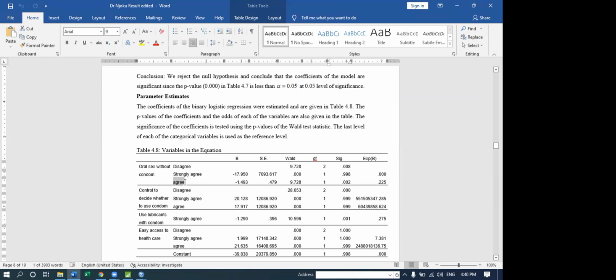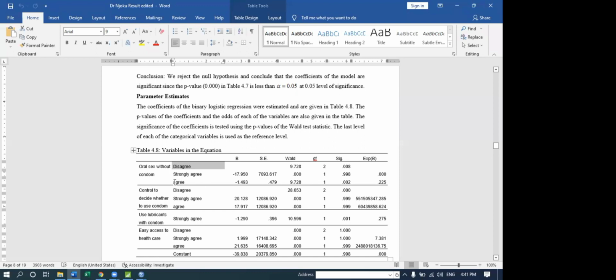The odds of those that agree that oral sex without condom will make the subject contract HIV, when compared to those that disagree. Oh, no. So let me repeat it, please.